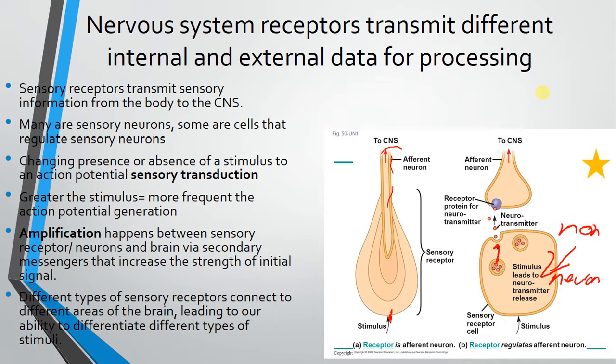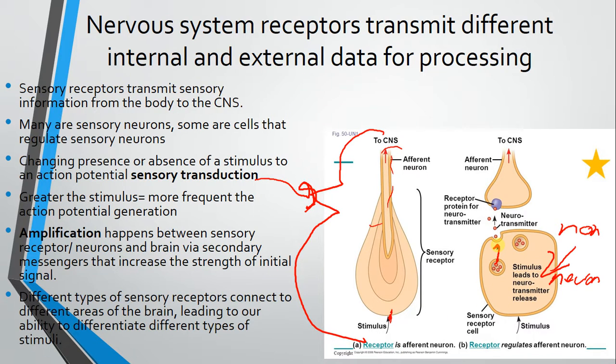Changing the presence or absence of a stimulus to an action potential is called sensory transduction. So this, in both parts, is sensory transduction right there, changing a stimulus to an electrochemical signal.